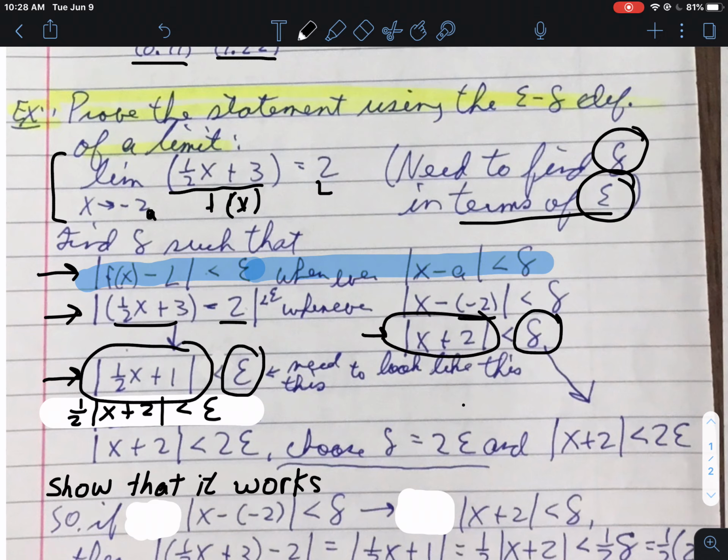So that over here I have x plus 2 compared to delta. If I can get x plus 2 compared to something over here, then whatever this is has to be the same as that, or at least it can be replaced as an equivalent. That probably made very little sense.